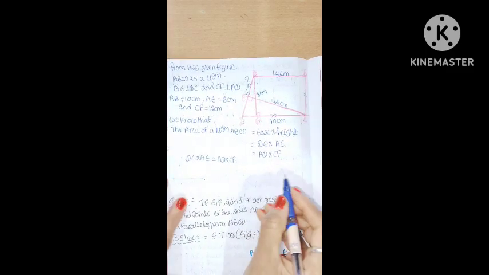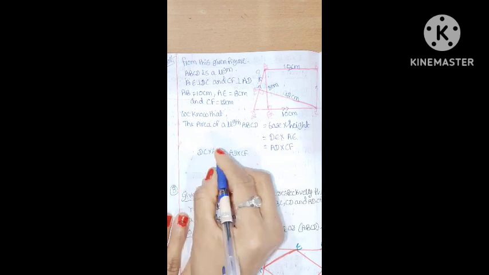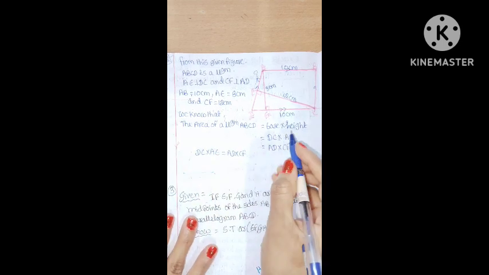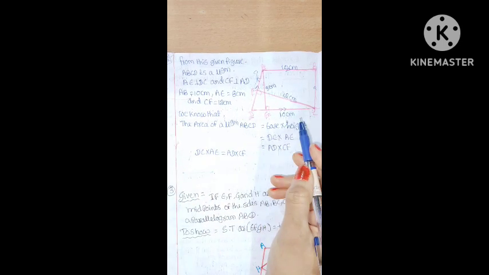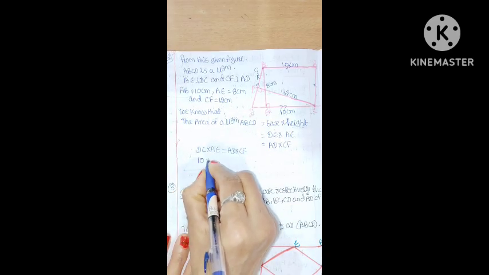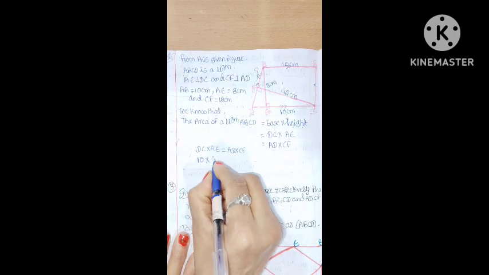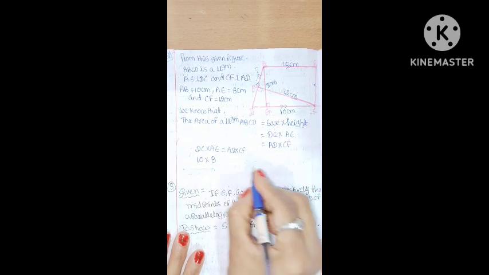How will we get the AD length? Are you understood? Substitute the values. DC value, do you know it? What's the DC value? 10 centimeters into AE. AE equals 8 centimeters.